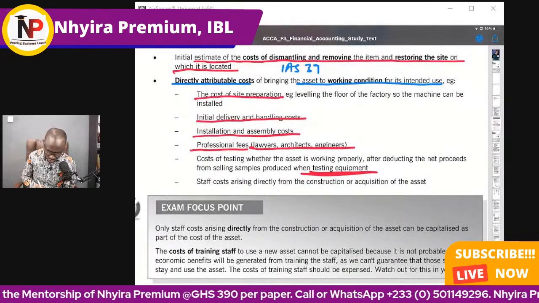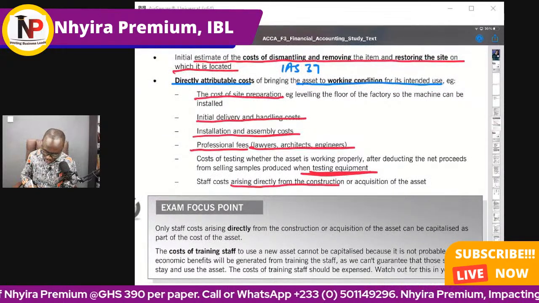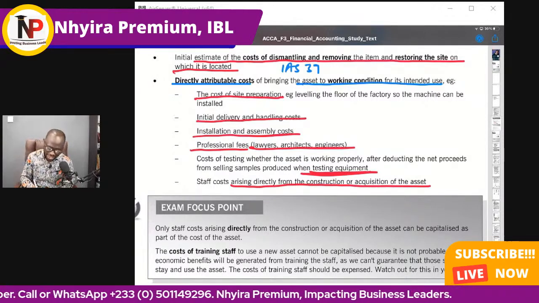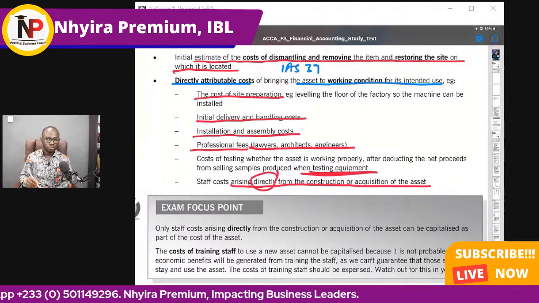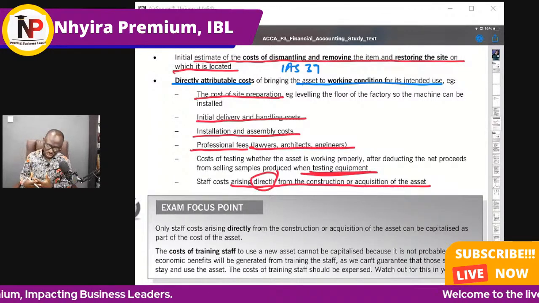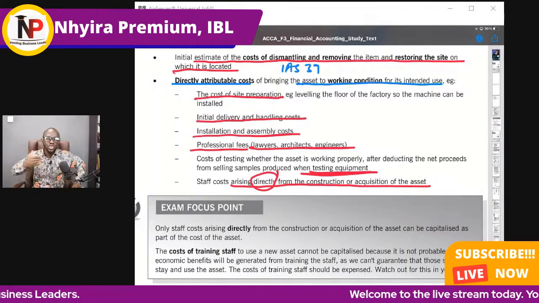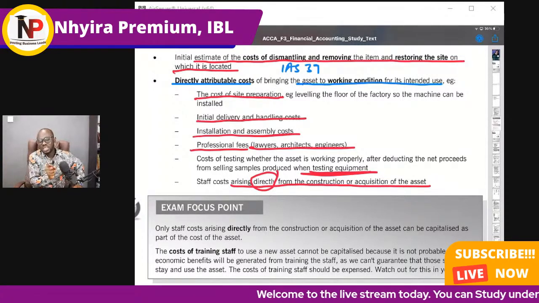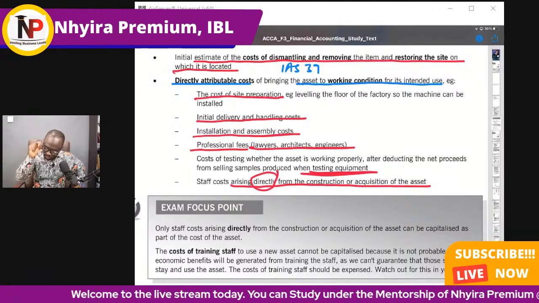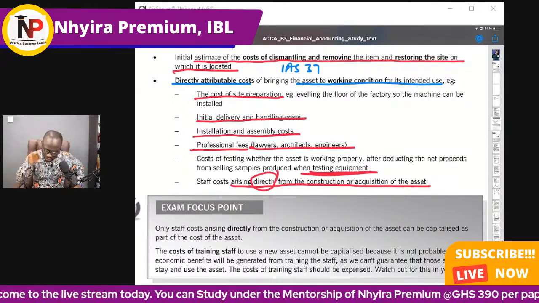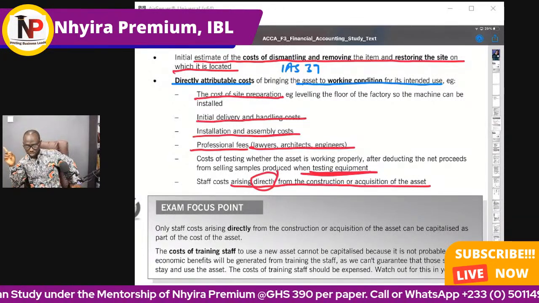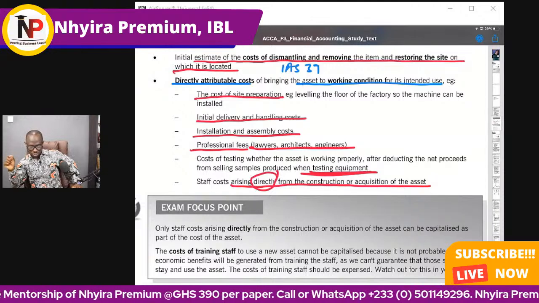Then staff costs arising directly from the construction or acquisition of the assets. Key word here is directly. You want to be careful. Directly from the construction or acquisition of the asset, not the usage of the asset. Immediately we start using the asset, any staff cost that we incur will not be capitalized, but will be expensed in the financial statements.